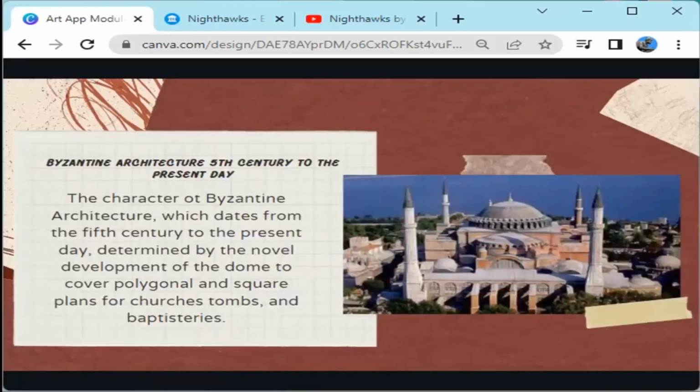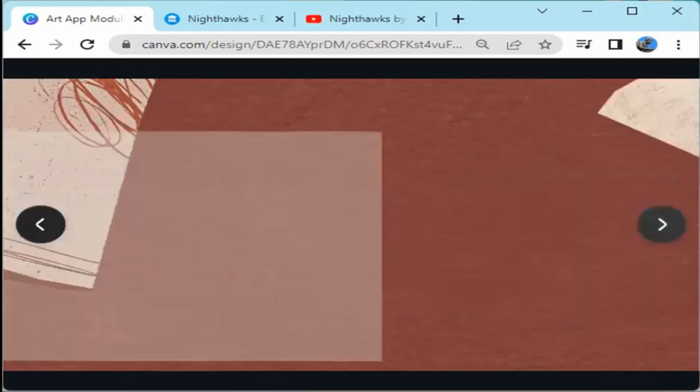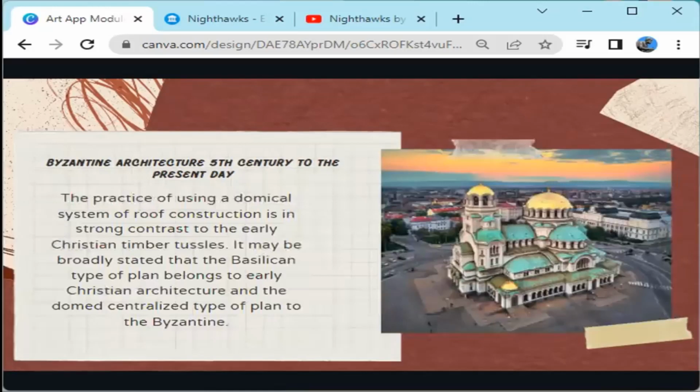So, the character of Byzantine architecture, which dates from the 5th century to the present, is determined by the novel development of the dome to cover polygonal and square plans for churches, tombs, and baptisteries. They are the reason why we have churches today with a domical system of roof construction, in contrast to the timber trusses used by the early Christians.